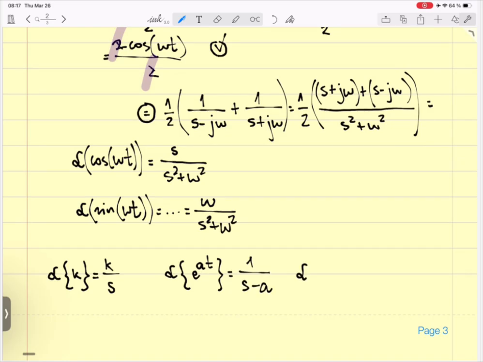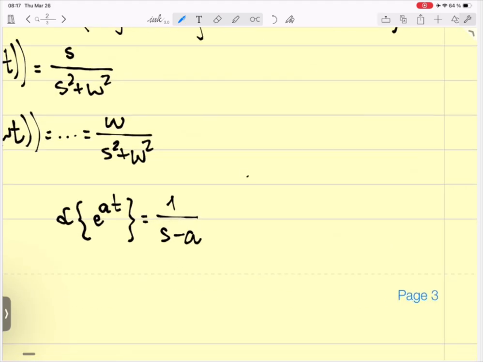The Laplace transform of the cosine function is s divided by s squared plus omega squared.